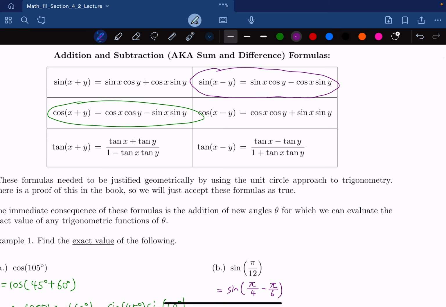So here I have pi over 4 first minus pi over 6. So when I'm plugging that in, I have to keep my angles aligned with the correct formula.